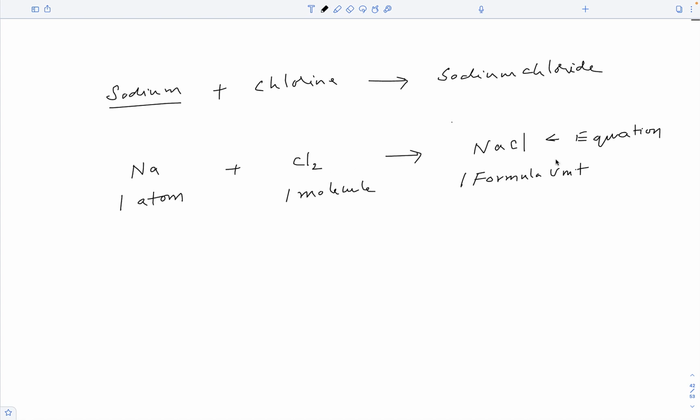To match chlorine atom counts, can we change the subscript of chlorine in this formula? No, we should not do that. Changing subscript of an element in a formula means changing the composition of the compound. Composition of a compound is constant.